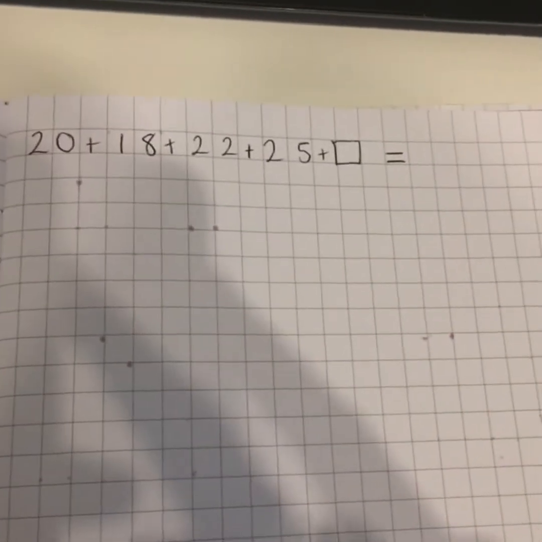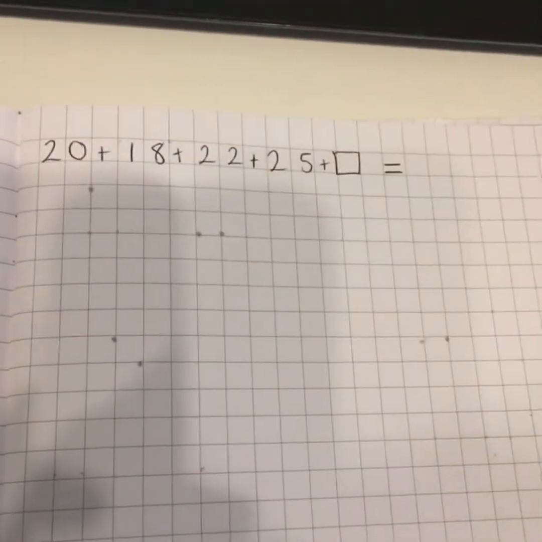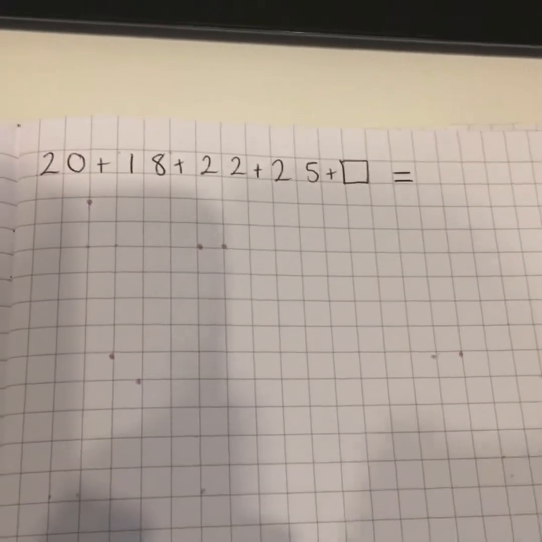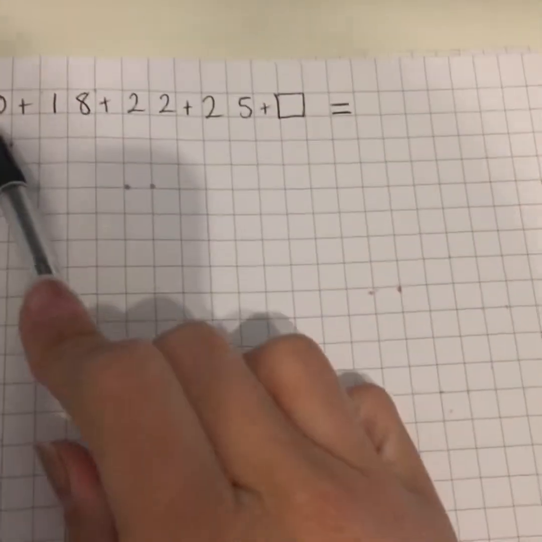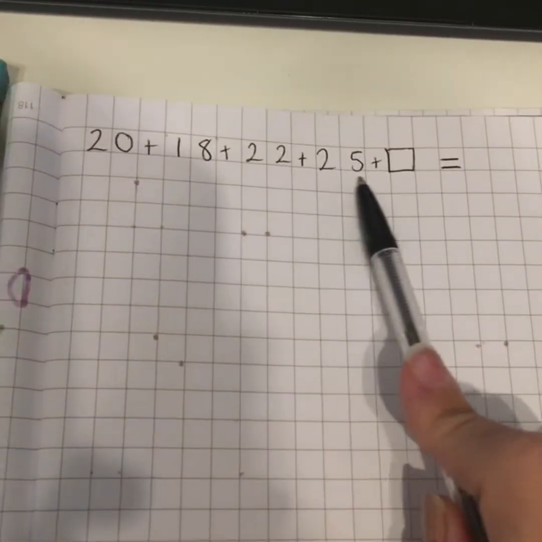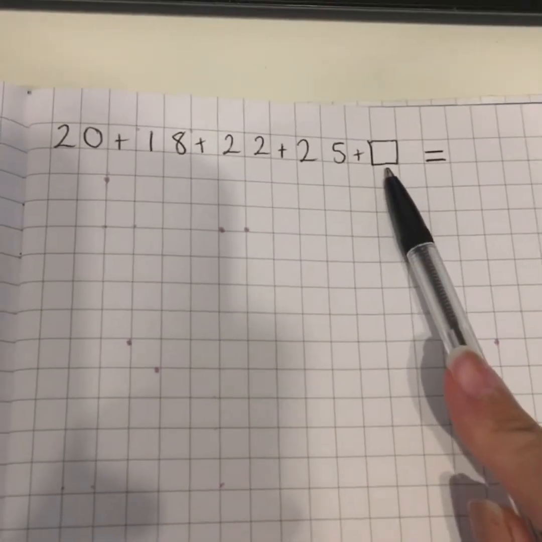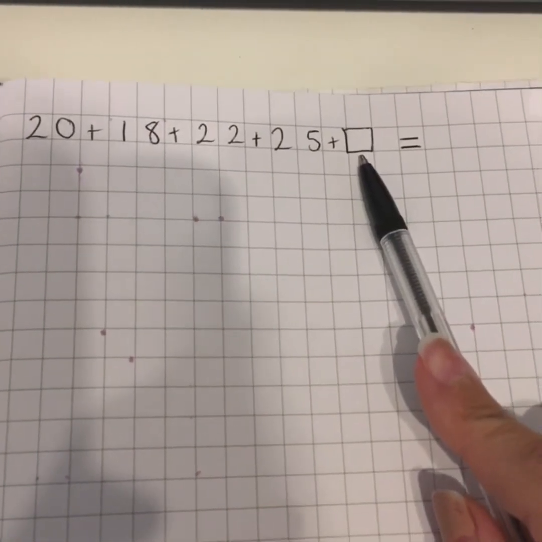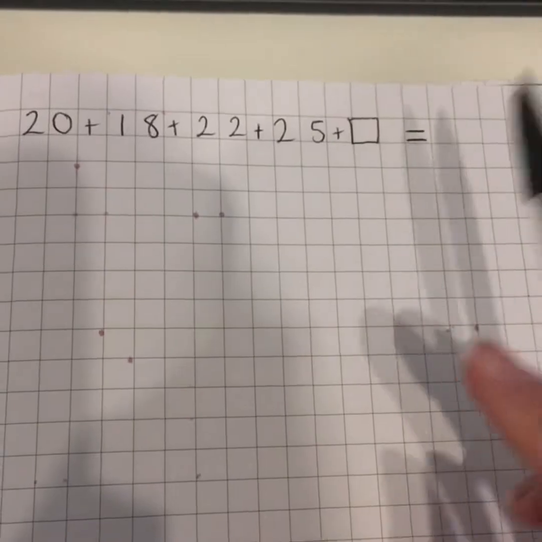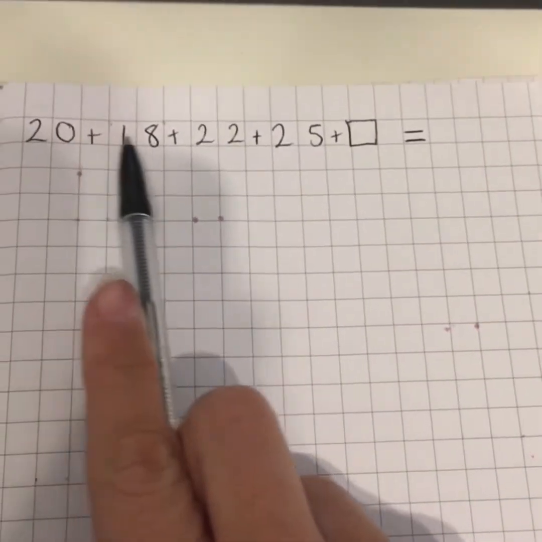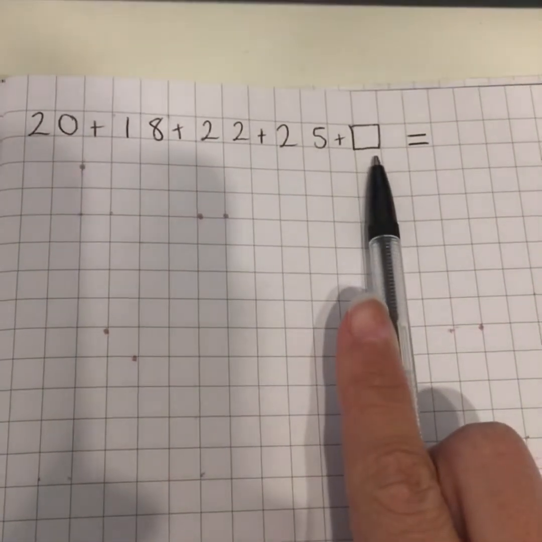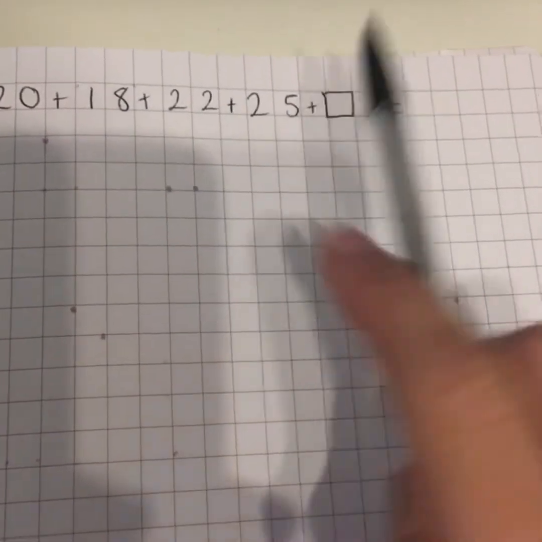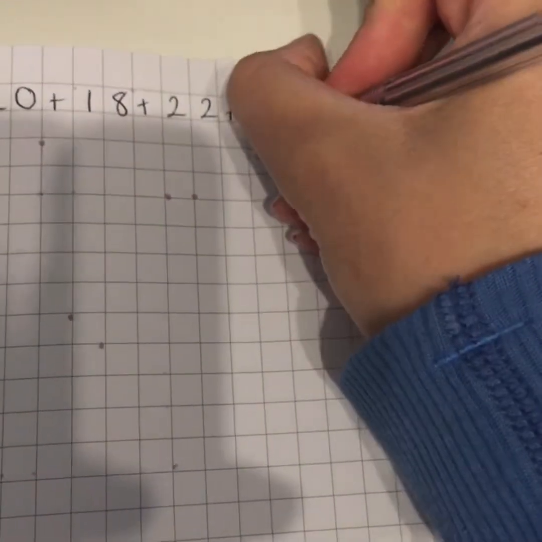Right, answer time. This is a little bit tricky, but I think once I've explained it once, you'll start to get your head around it. So what we would do normally is we would add all the lengths of the baby snakes up, and then we would divide it by 5. Okay, so I'm going to add the lengths of the snakes up that we know so far. So if I add all these numbers up, I would get 85.